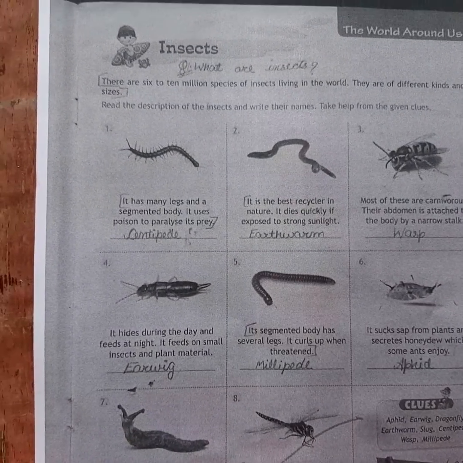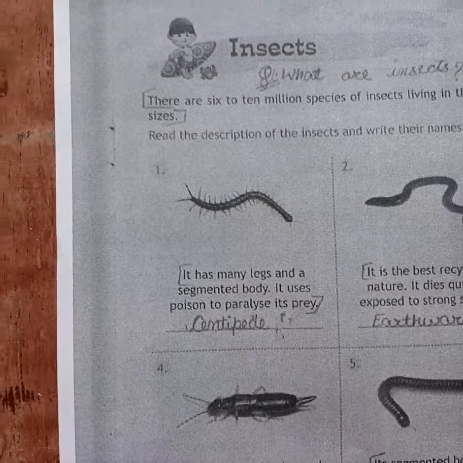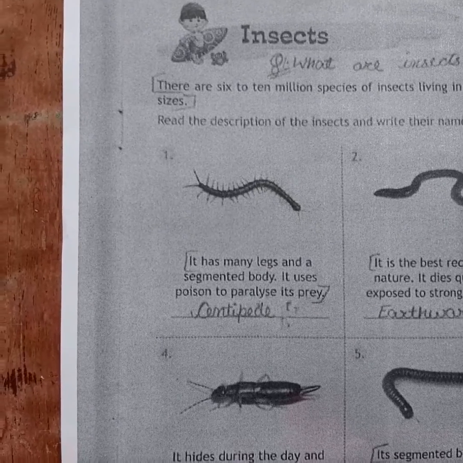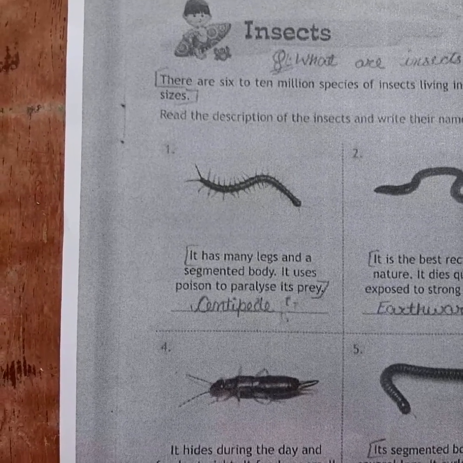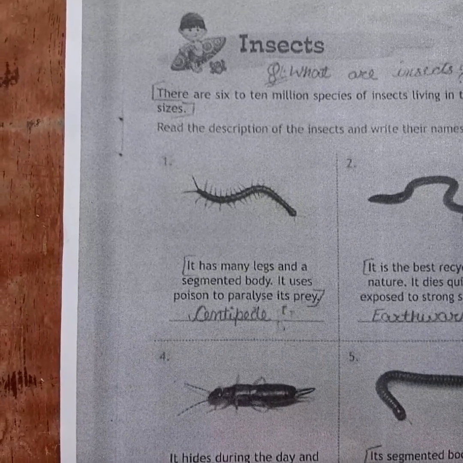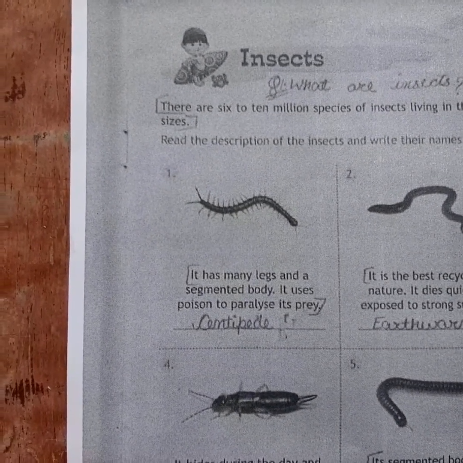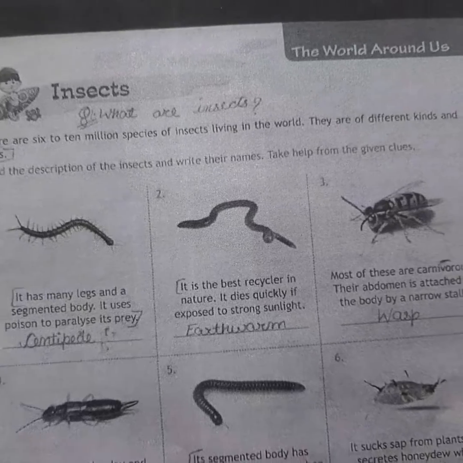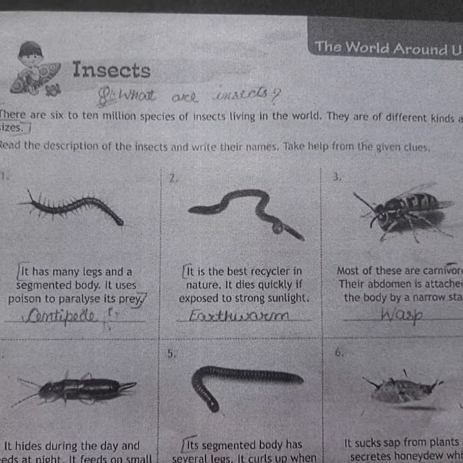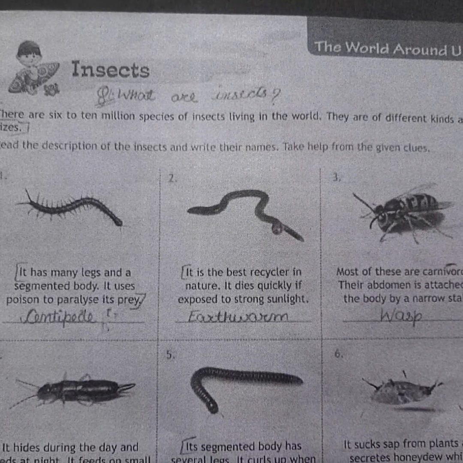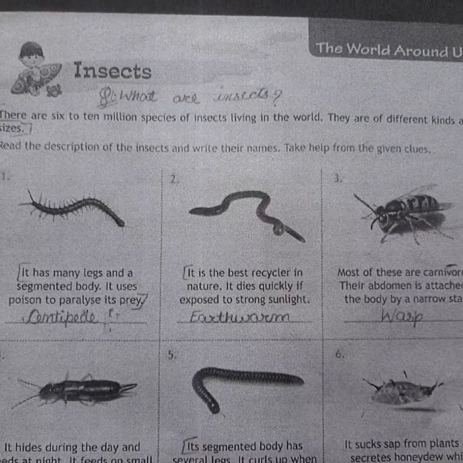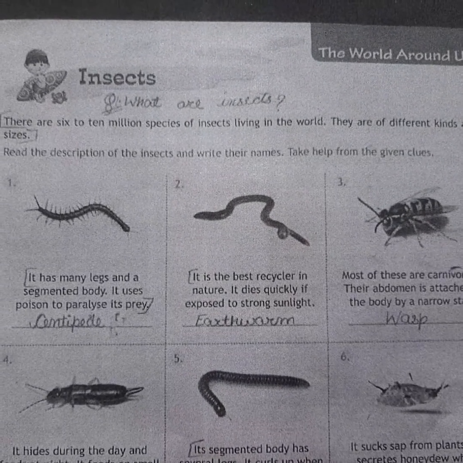Number one, if you see this insect, it is having many legs and a segmented body. It uses poison to paralyze its prey. So this is a picture of a centipede. The second picture is about a best recycler in nature. It dies quickly if exposed to strong sunlight.